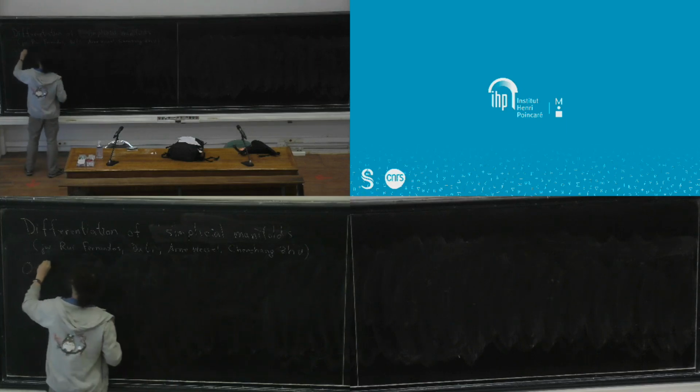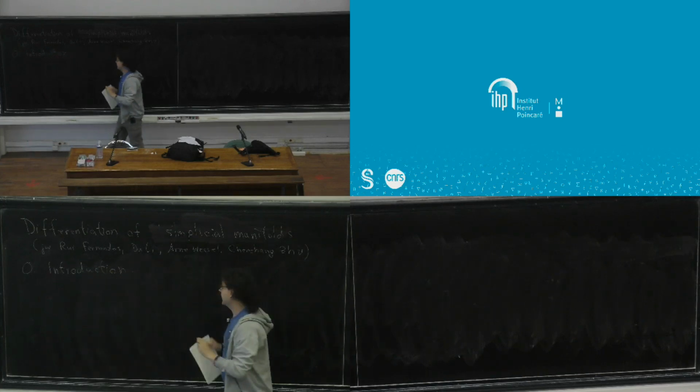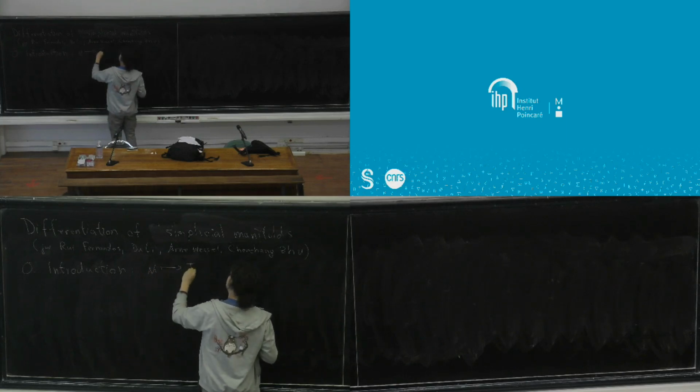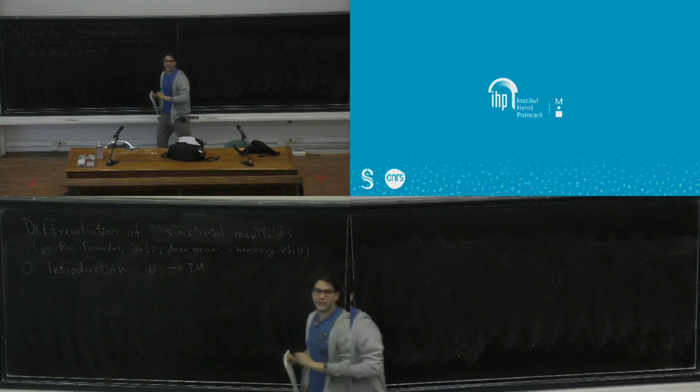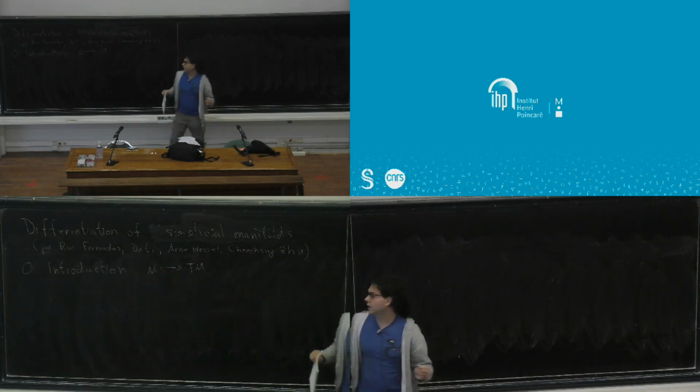Introduction. One could ask the following question: why is the functor which takes a smooth manifold and gives us its tangent bundle well behaved?